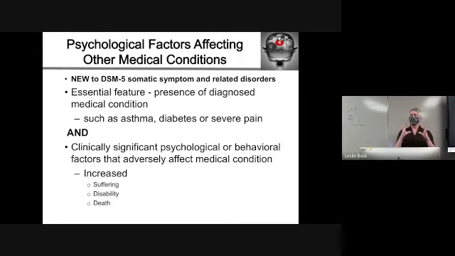So we actually have a diagnosis now. This particular one is in the somatic symptom and related disorder chapter, and it allows us to document this in somebody's medical chart. Yes, they have diabetes, but it is complicated by this psychological factor.